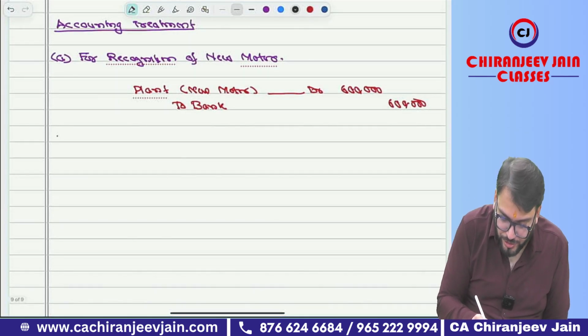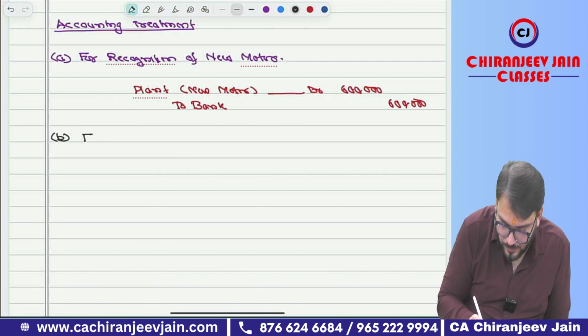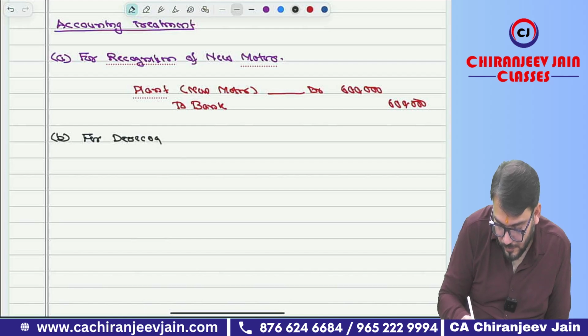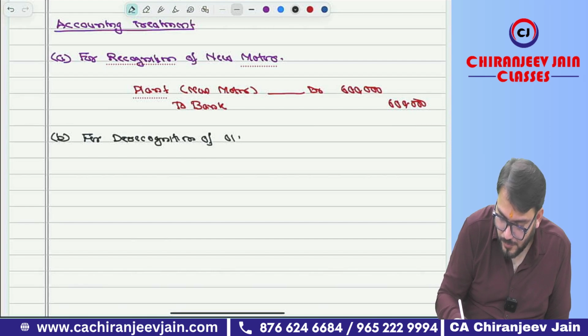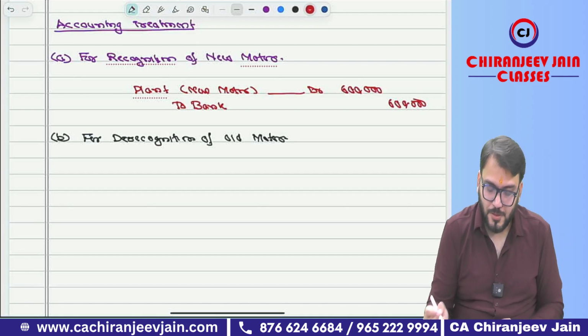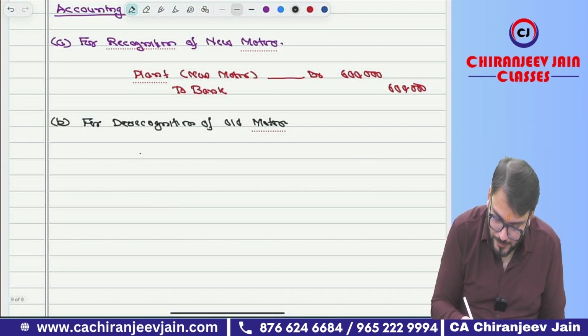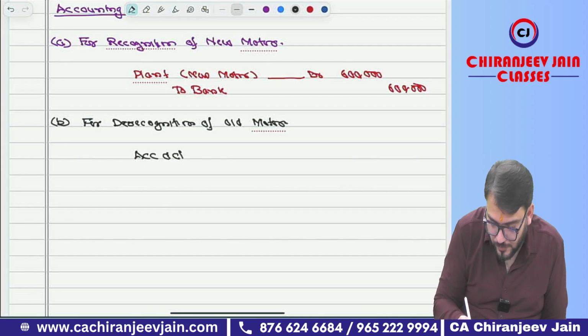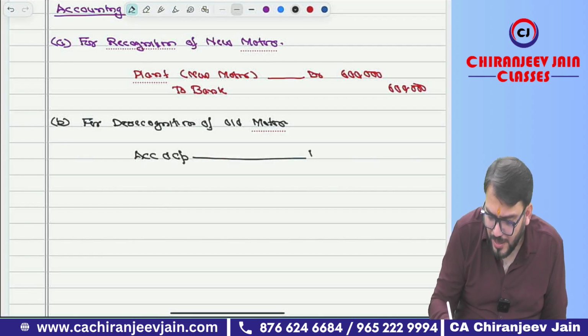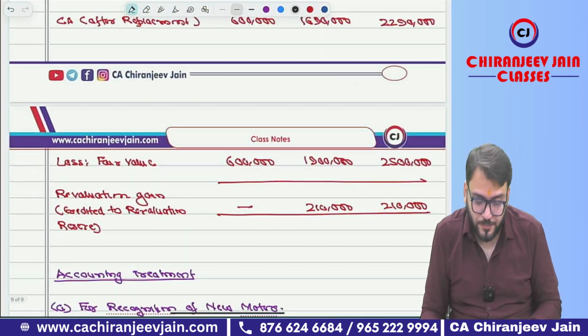And for derecognition of the old motor, what journal entry will you do? Tell me. Correct. There is accumulated depreciation. Let's suppose we are maintaining an accumulated depreciation account.